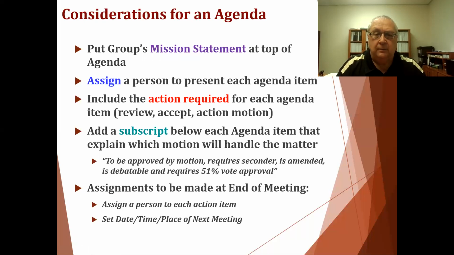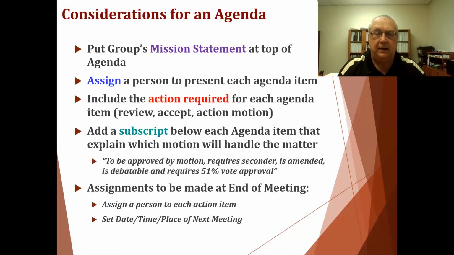What I also recommend is adding below each item a subscript, clearly visible to everyone, of how this matter will be dealt with. Like a motion to pass a budget, this will be approved by a motion, requires a seconder, it's amendable, it's debatable, and requires 51% vote approval.